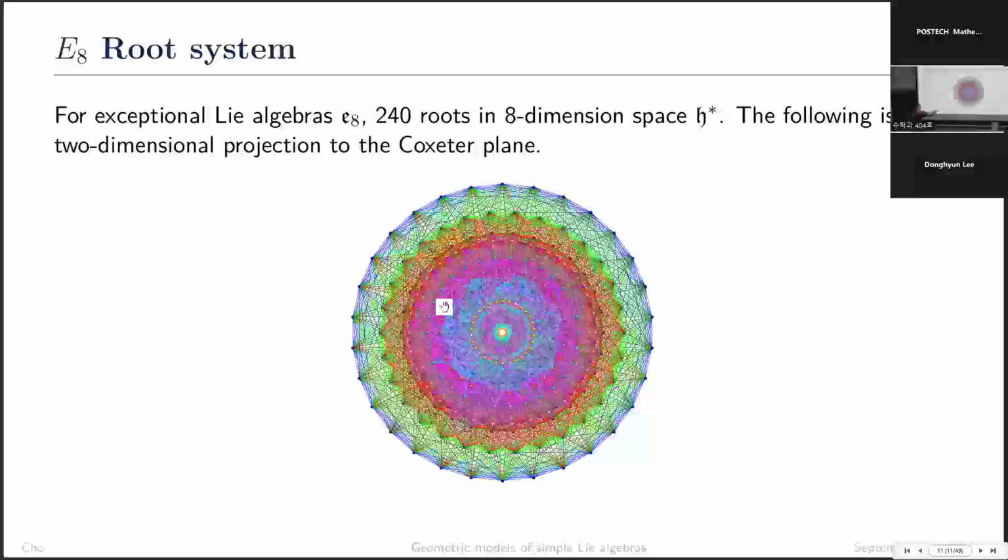Then these dots, if you start counting, you have 30 dots on one circle, and you have 1 circle, 2 circles, 3, 4, 5, 6, 7, and 8 circles. So in total, you have 240 dots in this diagram. So they are like the projection of roots onto the plane.